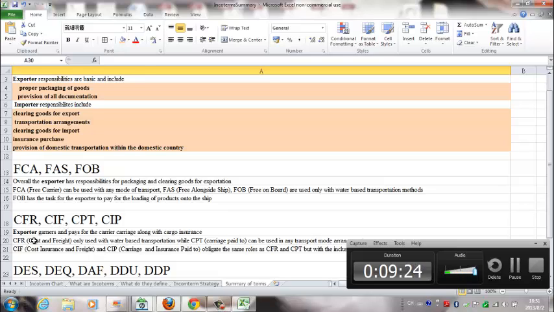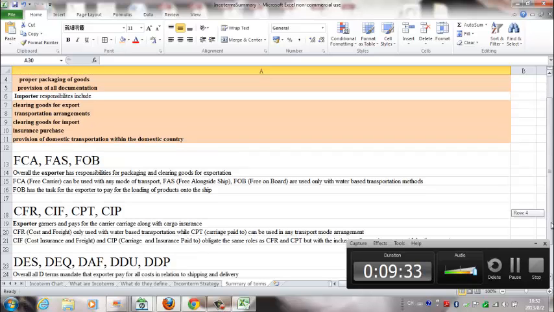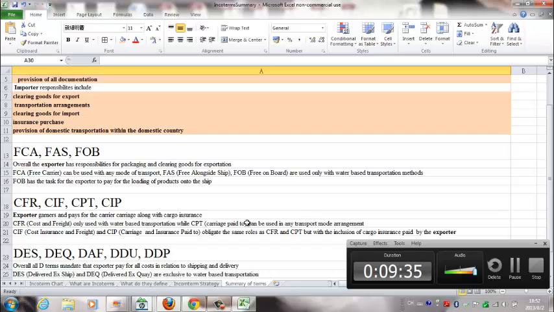CFR can only be used with water-based transportation, while CPT, carriage paid to, can be used in any transportation mode arrangement. The CIF, cost, insurance, and freight, and the CIP, carriage and insurance paid to, obligate the same roles as CFR and CPT, but with the inclusion of cargo insurance paid by the exporter. So they're basically the same.